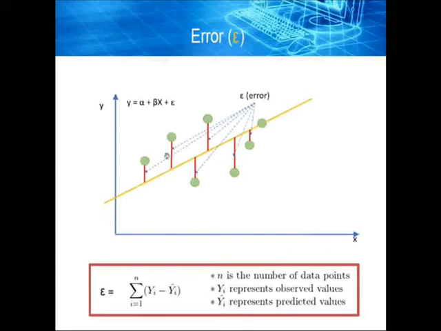Here, as some of the error points are positive and some are negative, when we add all these points, there is a chance that the positive and negative errors will cancel each other. Then the error occurs but is not displayed when we want to achieve the target.